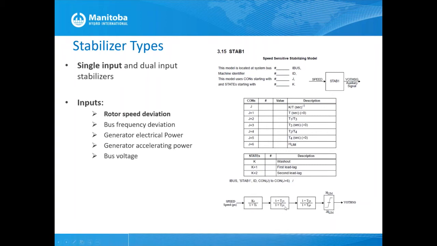And here we have lead lag blocks 1 and 2. Typically, one lead lag block can provide about 50 degrees of lead compensation, so when you have 2, you can probably get about 100. And finally, we have this PSS output limiter, and this is important so that the stabilizer output doesn't saturate the exciter input.